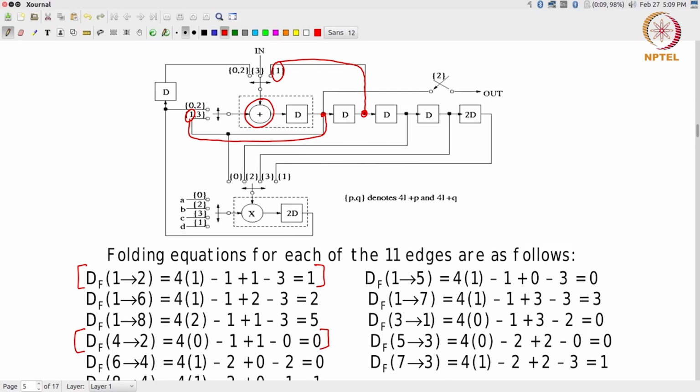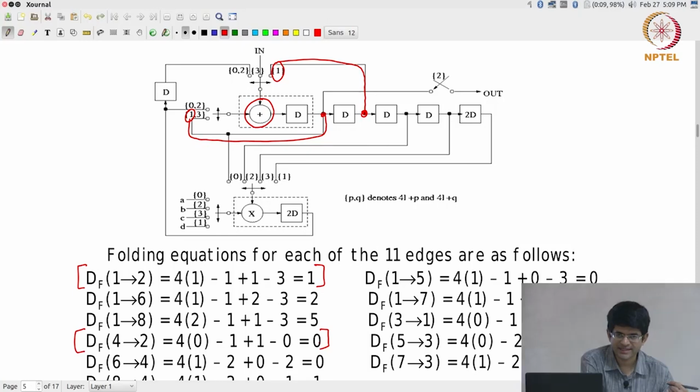So when I say that the df from 4 to 2 has a value of 0, essentially what I am saying is the input to 2 which is coming from 4 is to be taken from the output of my adder module with 0 additional registers after it. That is what this corresponds to, this line out here.